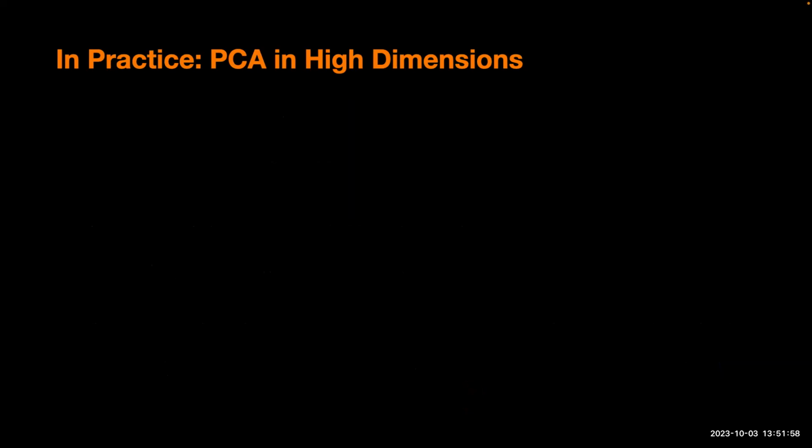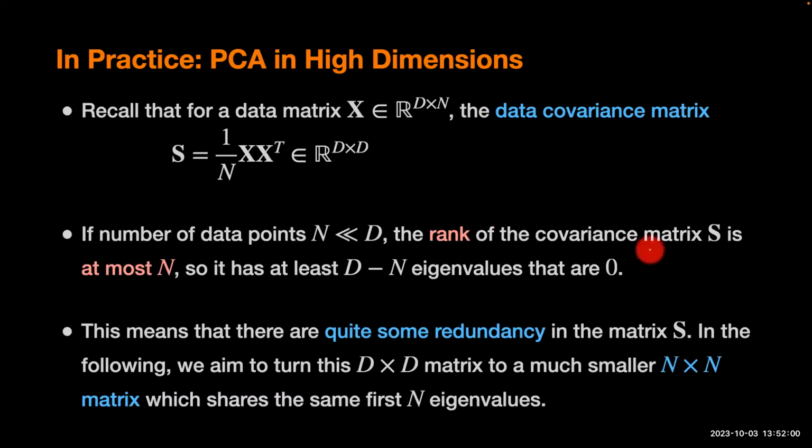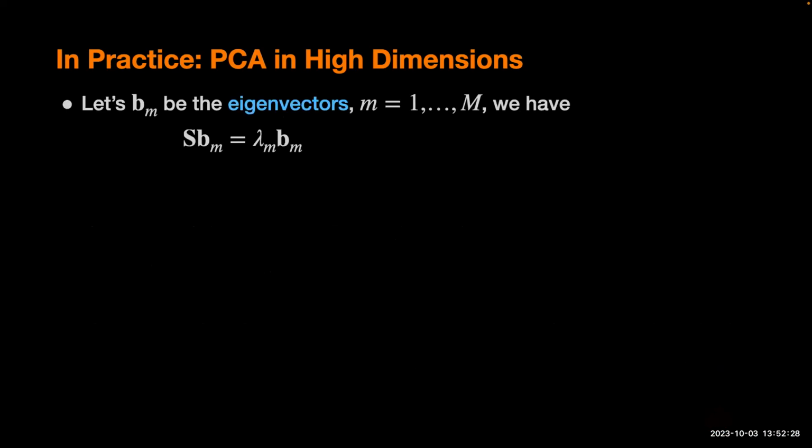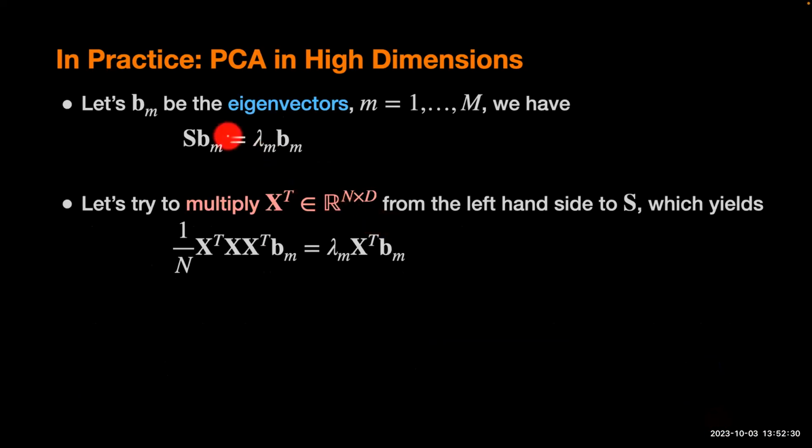It's clear that for any n by n matrix, your eigenvector will not be the same, because your eigenvector in the n by n matrix will be an n-dimensional vector, and your eigenvector in the D by D matrix will be a D-dimensional vector. So you want to find a way to transform it back while ensuring that diagonalizing this matrix will give you the same eigenvalues. It turns out that this is possible. So remember, if b_m is the eigenvector of S, I have this to be true.